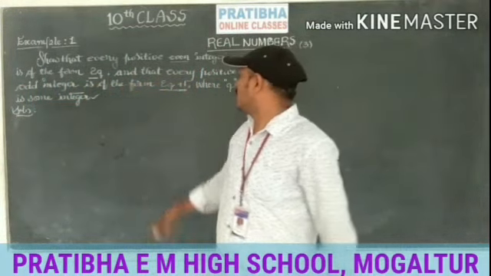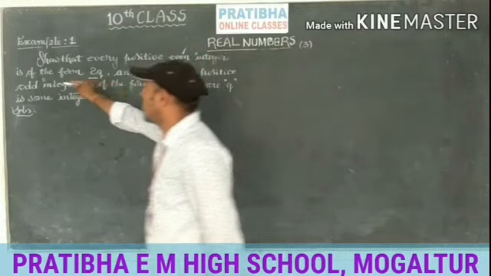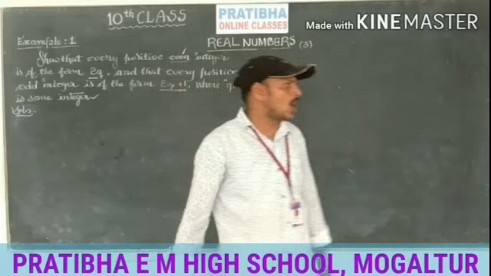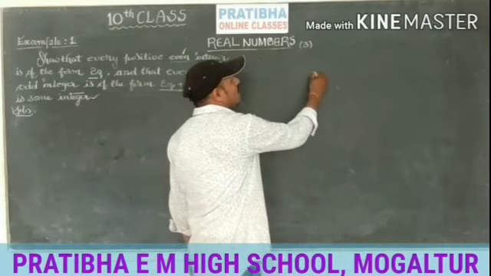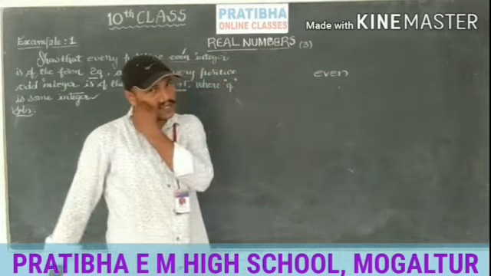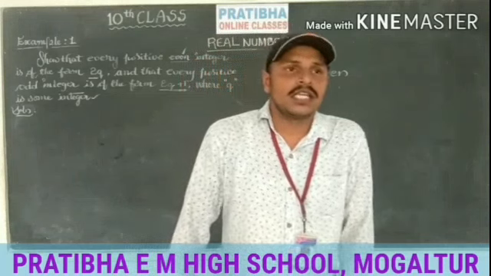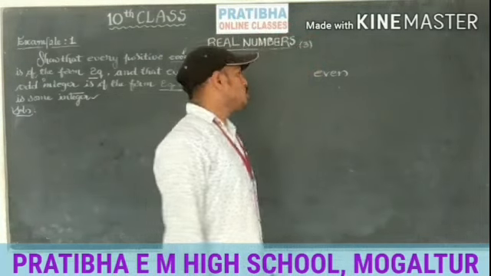Before that, we learn about even and odd numbers. What are even numbers and what are odd numbers? Even numbers means the numbers which are divisible by 2, the numbers which give 0 as remainder when divided by 2.